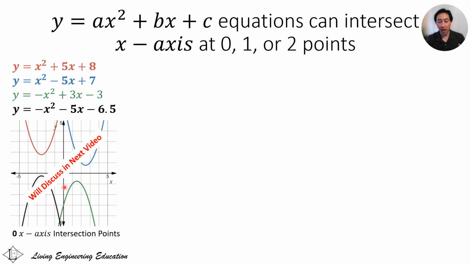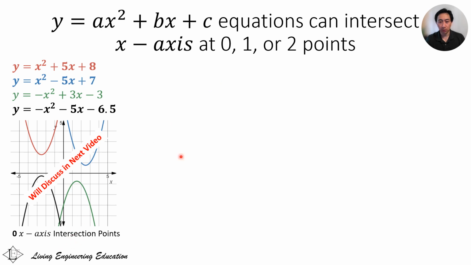We'll look at how to identify using the equation itself. If we weren't able to visualize the graph, can we just look at the numerical a, b, and c values and determine whether or not we're going to have an intersection? We'll look at that in the next video.